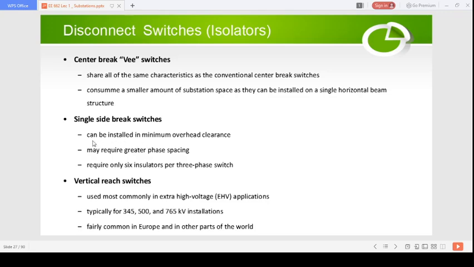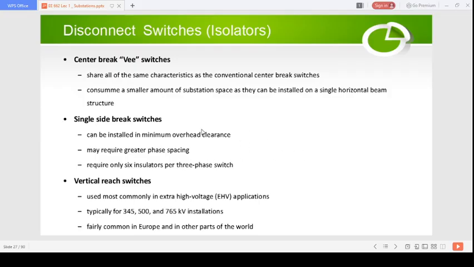Since it is operating horizontally, you don't need much overhead clearance, and it may require greater phase spacing because it's operating toward another phase, so you have to have a gap between two phases.